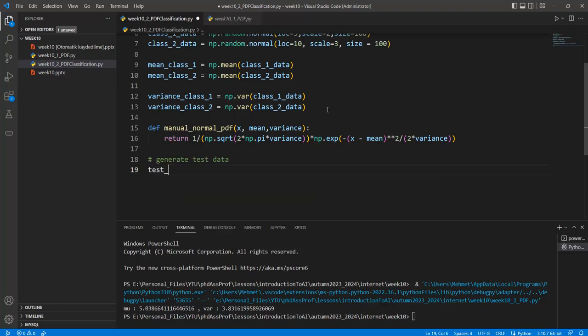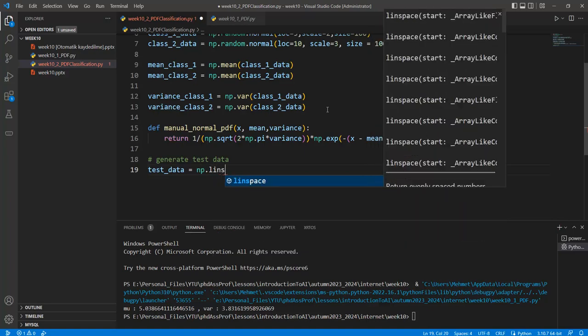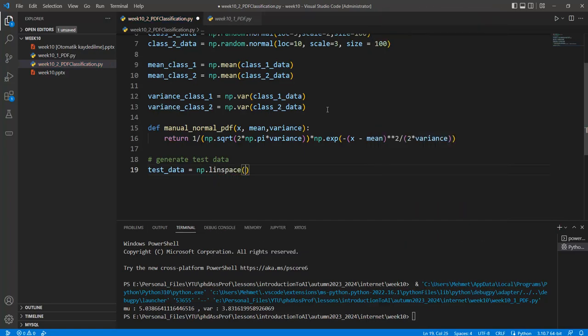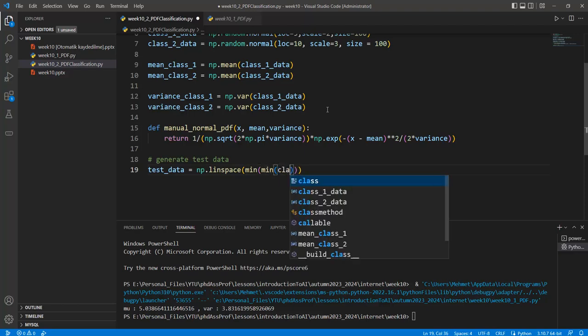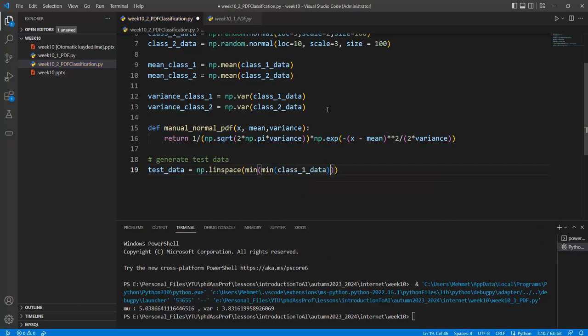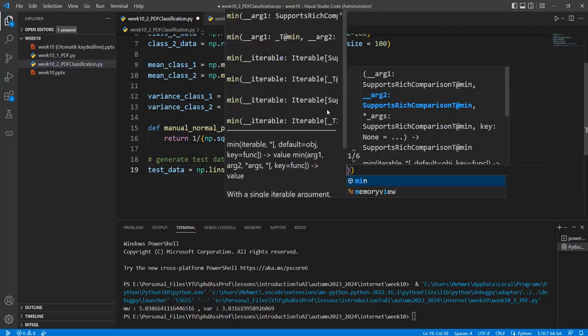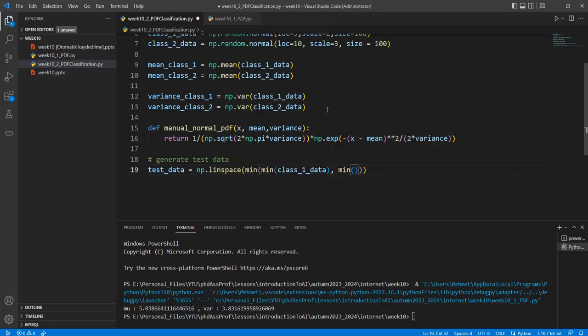Test data can be created with np.linspace, with the mean class 1 data and mean class 2 data. Okay, because we have 2 classes.